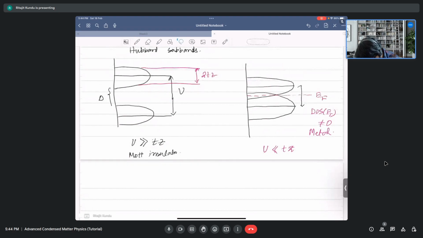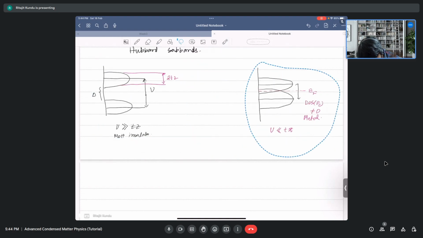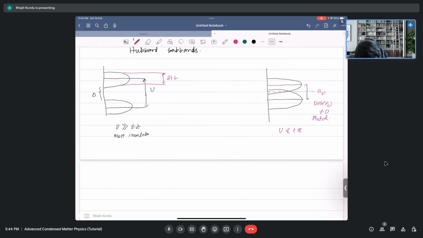And in between these two limits there can be another limit. So the intermediate limit can be something like this, where the two Hubbard subbands just touch. For example, let it be like this, and then let it be like this.